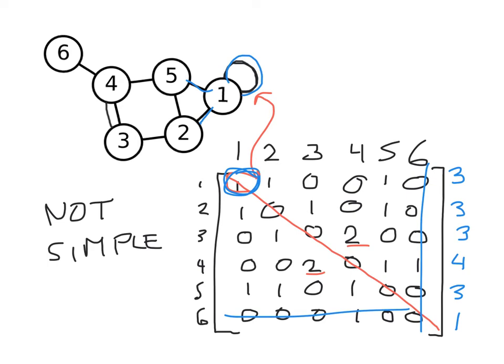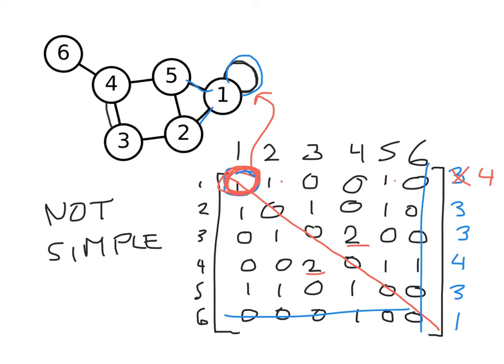So that entry is a 1, but it counts for 2 in my degree. So 2, 3, 4. The degree of node 1 should be 4. So if we're looking at an adjacency matrix for a non-simple graph, we need to be careful when we add up the row sums for degrees and watch out for loops.